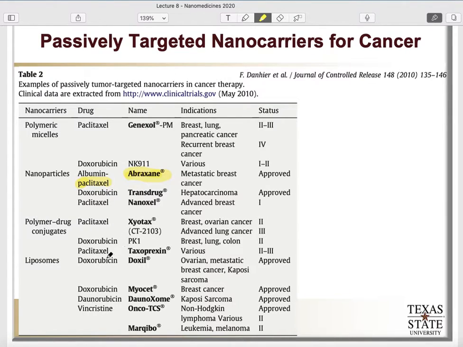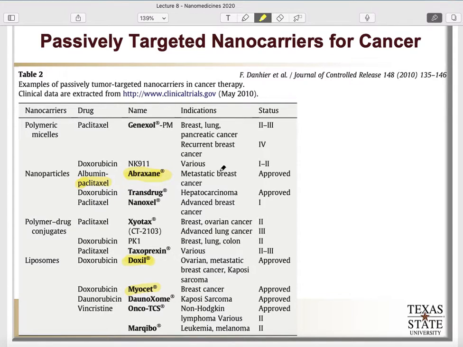Another set of systems that I wanted to mention, or that we have already mentioned actually, is Doxil, which is the liposomal doxorubicin that is pegylated. And Myocet is a similar liposome system, but I believe this one is not pegylated. In general, what these approved nanocarriers have shown is that they are similarly effective to the chemotherapeutic agents by themselves, but they tend to have lower side effects.